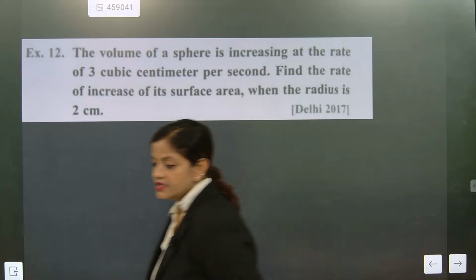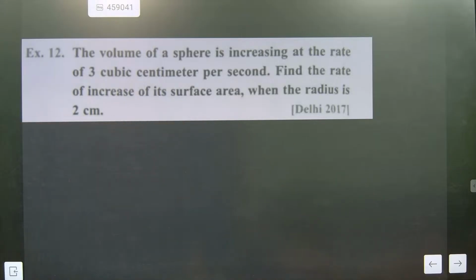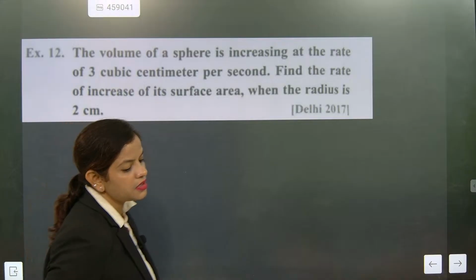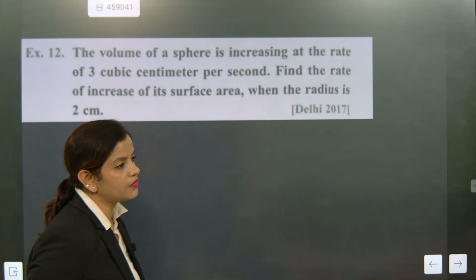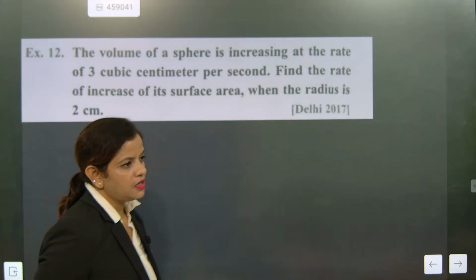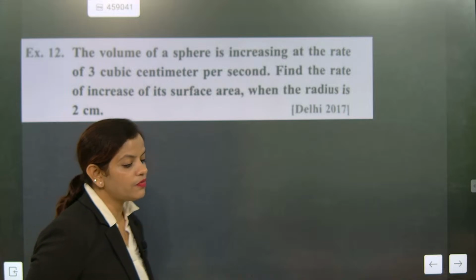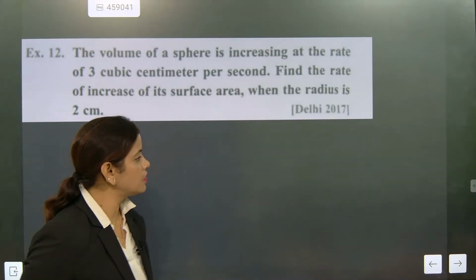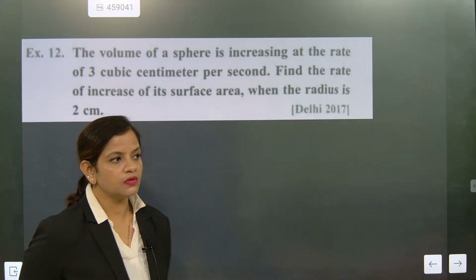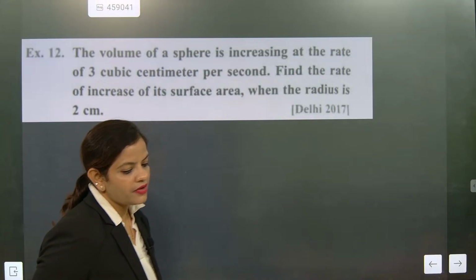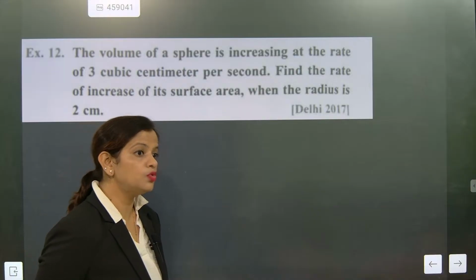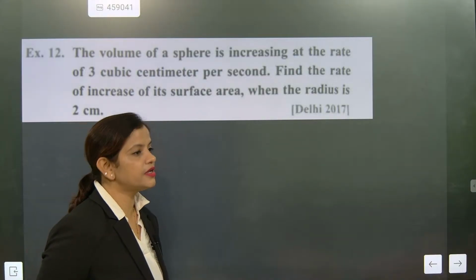For the past 3 days I taught one-one and onto functions, how to judge one-one and onto functions. I finished one-one and many-one functions. In the class I also taught many-one functions. Yesterday also I taught you how to find them. Today at last I will solve one or two questions, how to derive and solve and get the answer.